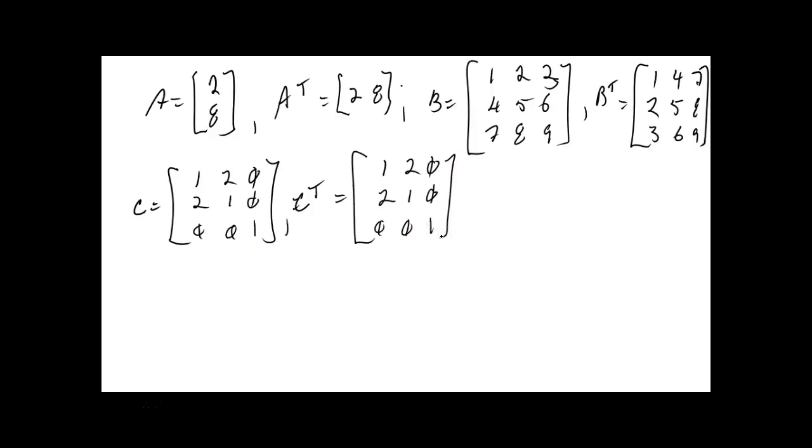And guess what? Those are the same, aren't they? Whoa! Okay. Now, do you notice anything special about C and C transpose? Yes, symmetric matrices. They've got the same main diagonal, and the off diagonals are exactly the same as well.